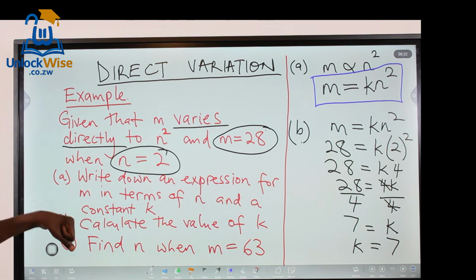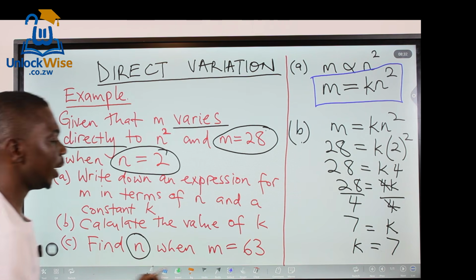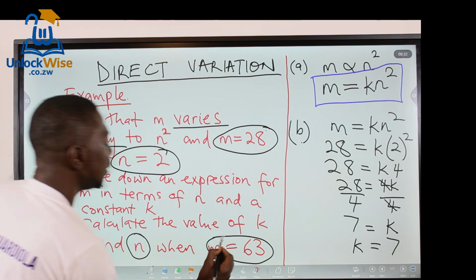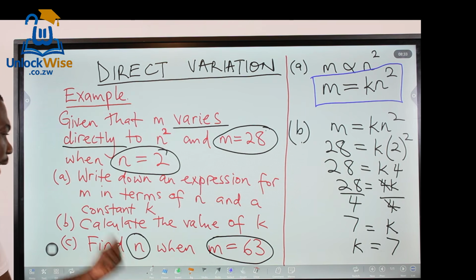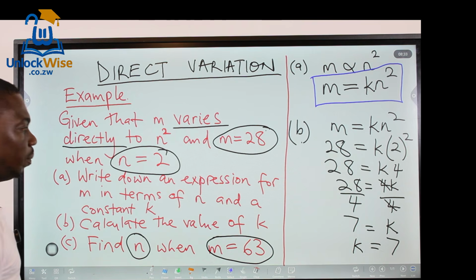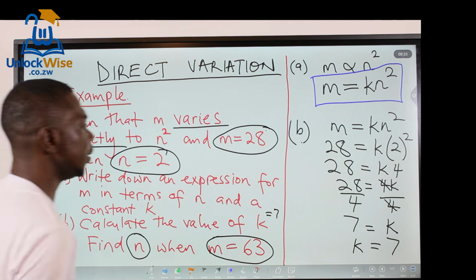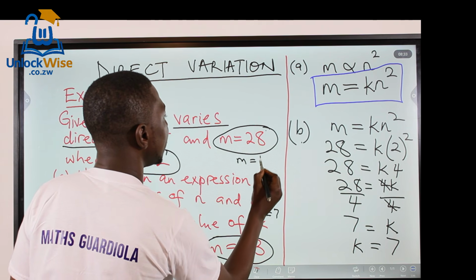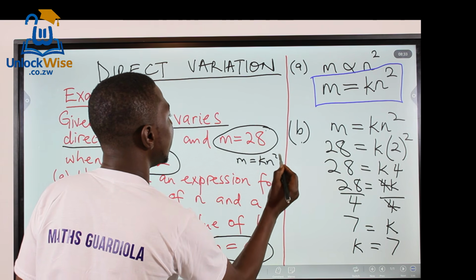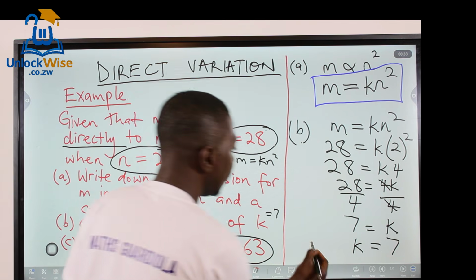Then I am now requested to find the value of n when m is 63. So we want to find the value of n when m is equal to 63. Allow me to put my equation here, because I want to see where I am working, so that I can continue.